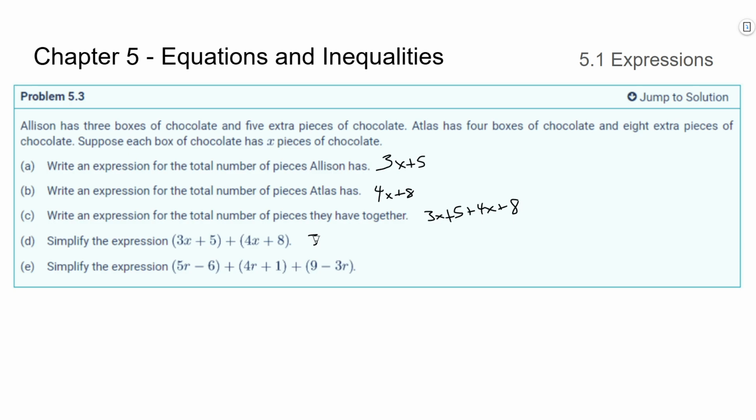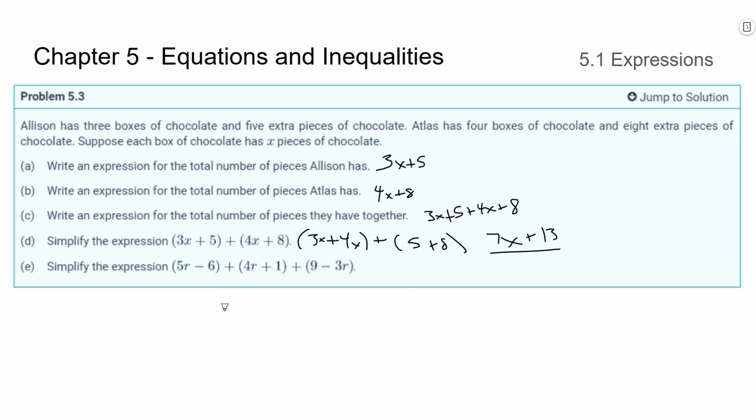So we can say 3x plus 4x plus 5 plus 8. 3x plus 4x is going to be 7x plus 5 plus 8 is going to be 13. And that is simplified. We can't simplify that anymore.